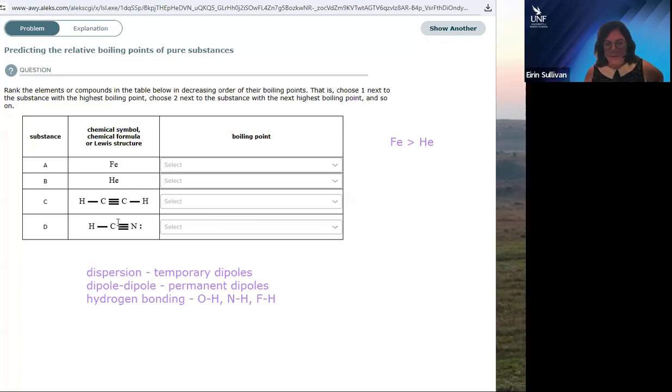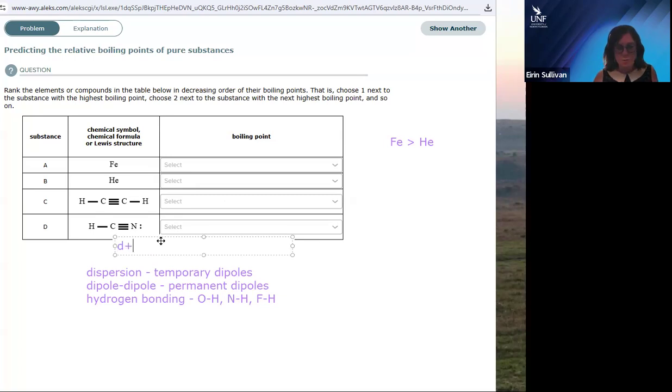However, in substance C we see no bond dipoles. The carbon-hydrogen bond is non-polar, and the carbon-carbon bond is non-polar. So this is dispersion forces only, with a higher molar mass than iron. The other has dispersion forces too, but the carbon-nitrogen bond has a dipole moment: the nitrogen is the delta minus end and the carbon is the delta plus end.